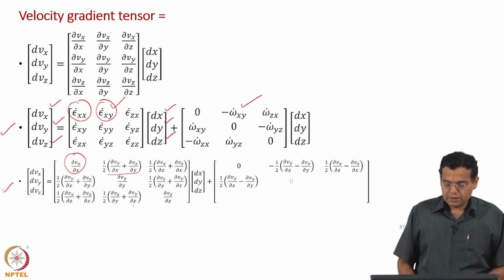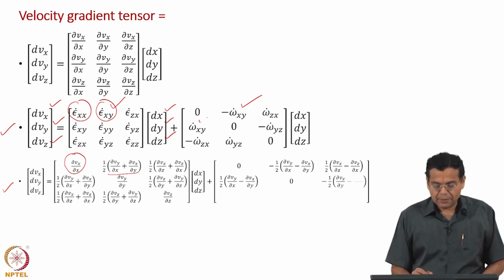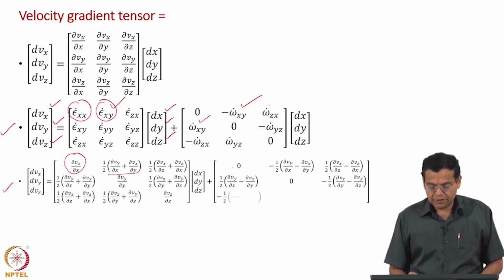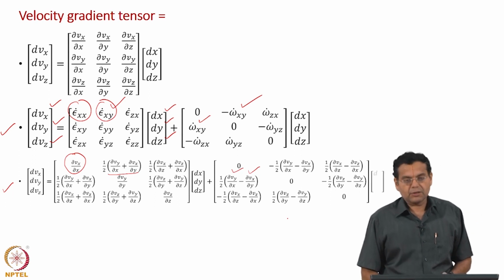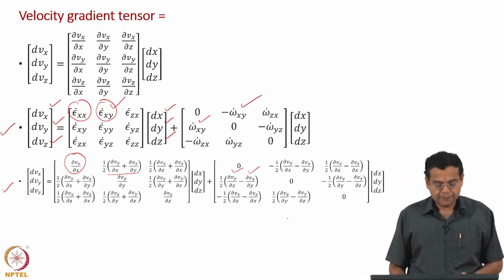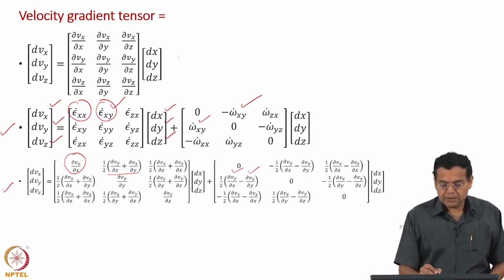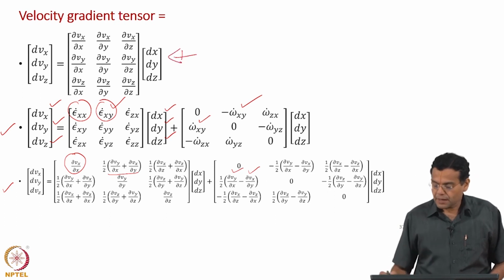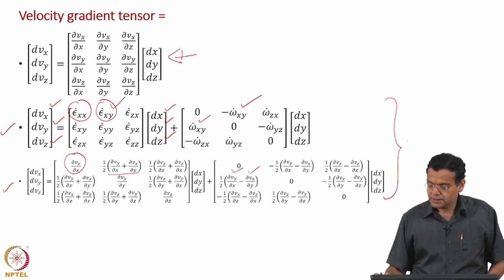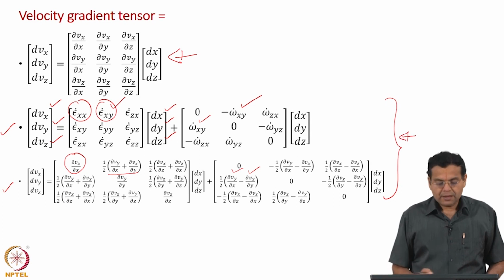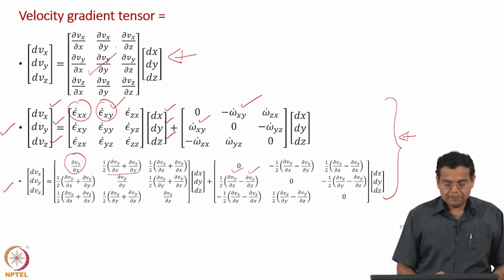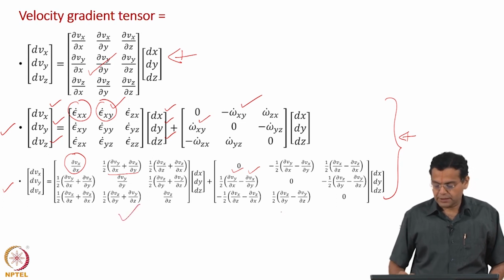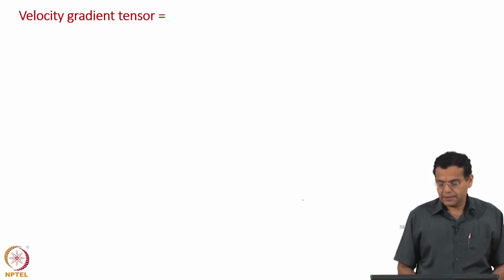Similarly, for rotation we have seen omega dot xy is half of dou Vy by dou x minus dou Vx by dou y. Similarly, you can express all other components in terms of velocity gradients. So, now based on this equation and these equations, we can write the velocity gradient tensor as sum of these two tensors, and that is what is shown in the next slide.